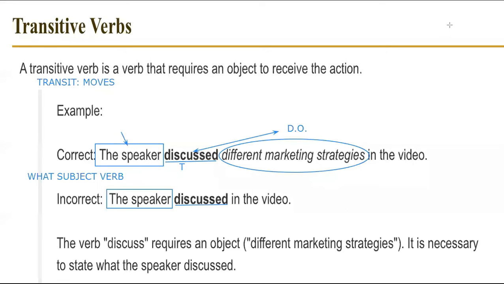Now, Juan Jose, how can we know if we have a direct object or if this verb is transitive or intransitive? What questions do we have to ask? If the verb has a complement.